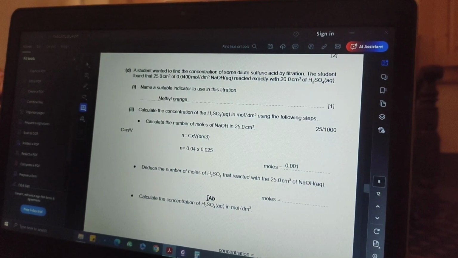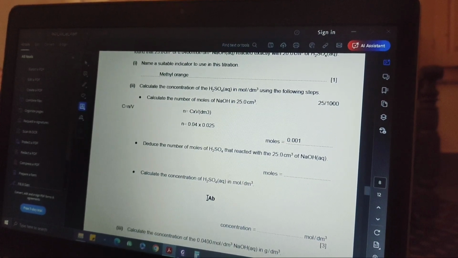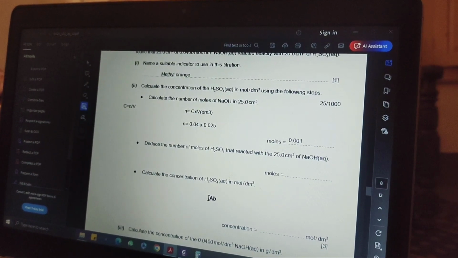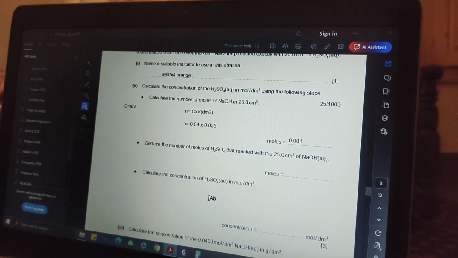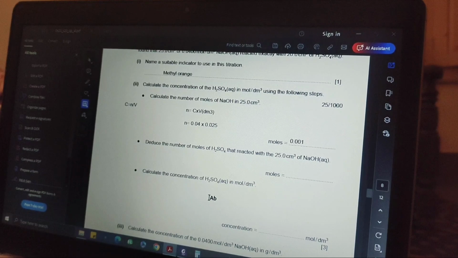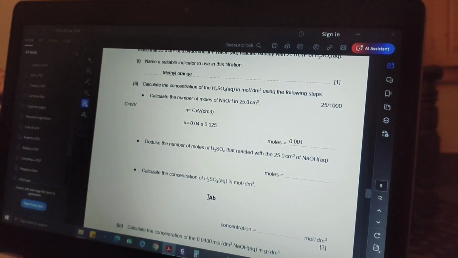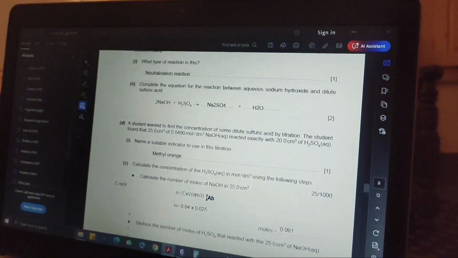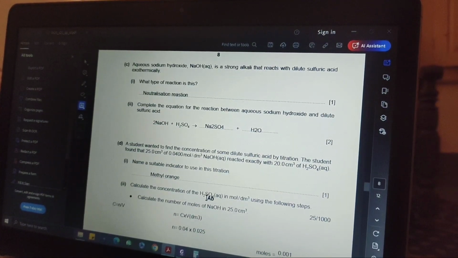Okay, so deduce the number of moles of H2SO4 that reacted with the 25 cubic centimeters of NaOH. So here we are not provided with any details for the sulfuric acid. So what we'll be doing, we'll be just going to the balanced chemical equation here.